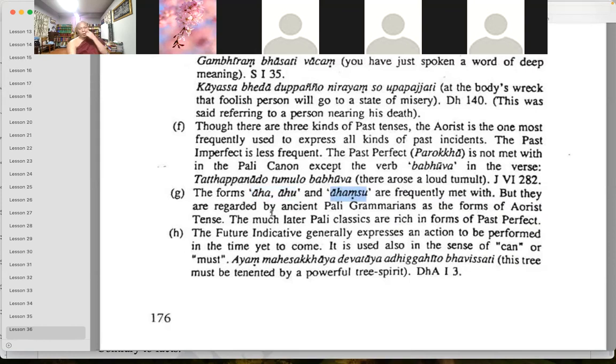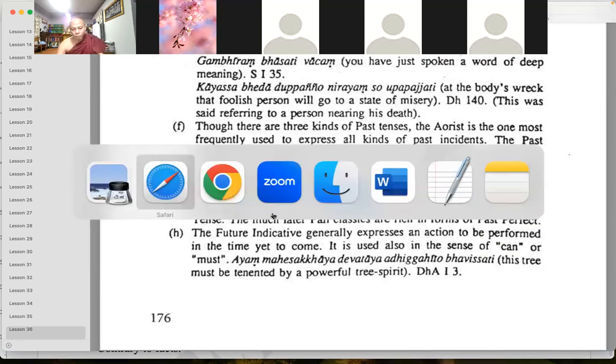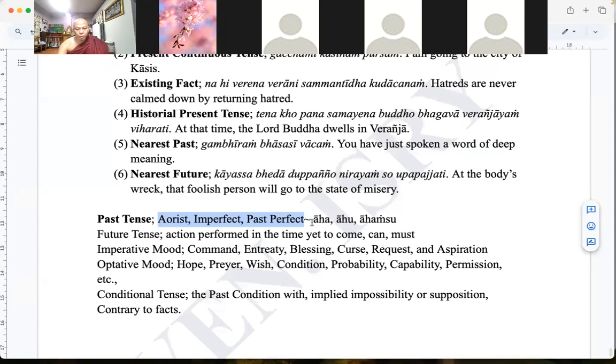But not regarding the incidents, not talking about the imperfect or past perfect or something like that, just simple past. So "aha" and "ahu" are frequently used in Pali. So we don't need to worry about these three forms.